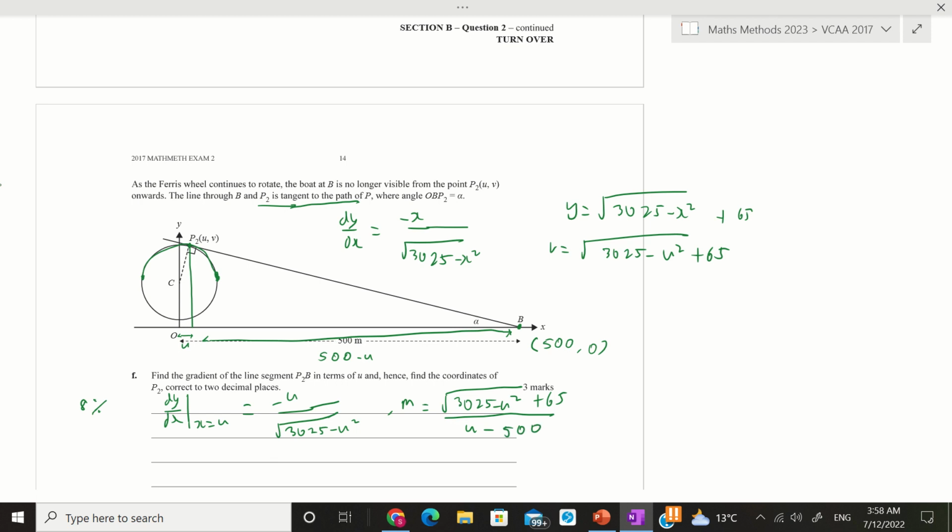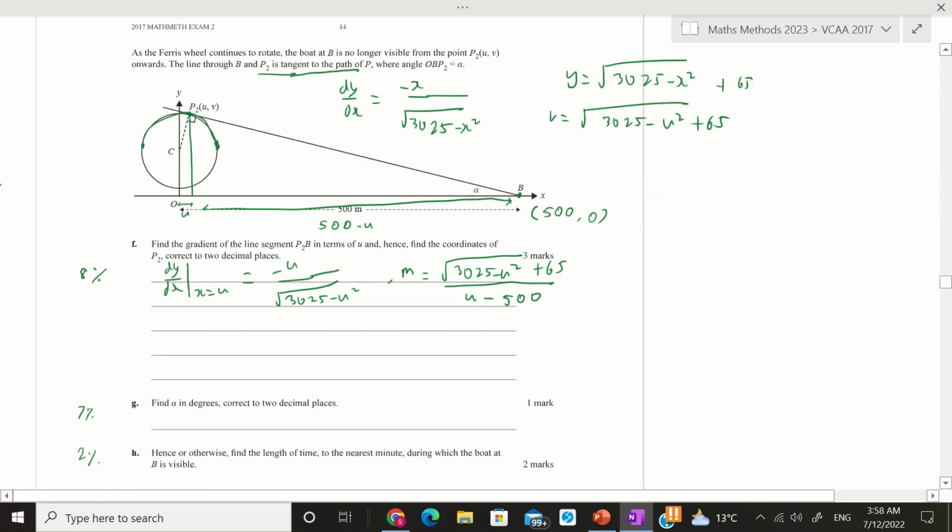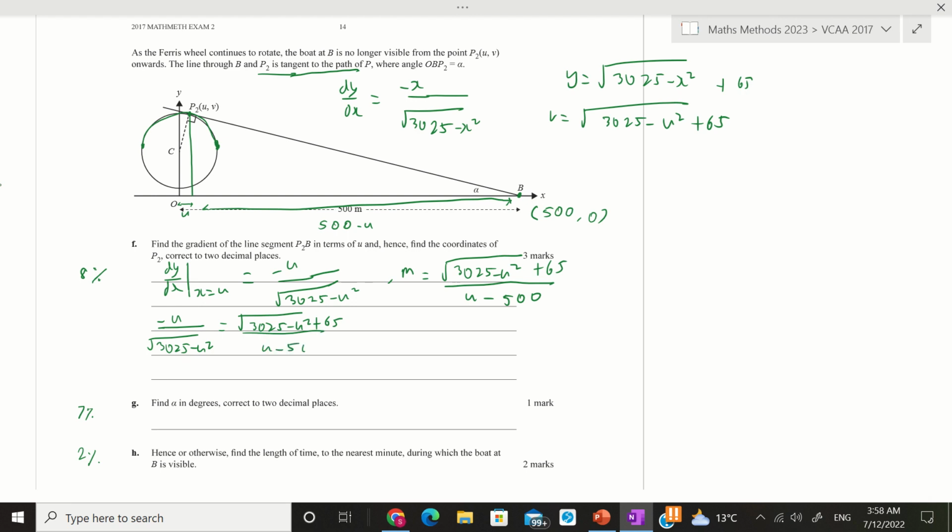Okay, so now all I have to do really is just equate these two sides in order for me to find u. So if I make them both equal each other and I solve for u, I end up getting u is equal to 12.999748.